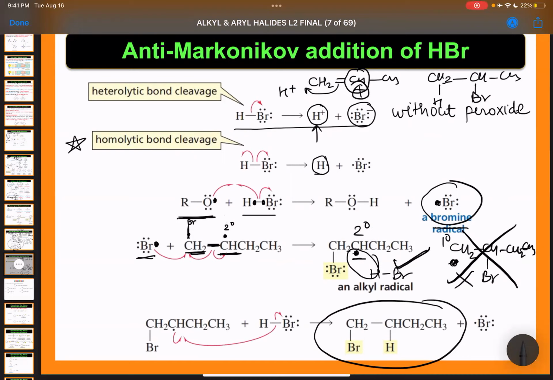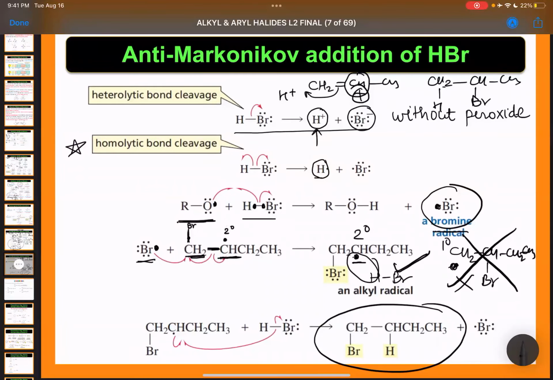Actually, these things are very volatile. I remember from my days when I was preparing for JEE, this was a very confusing thing for me.